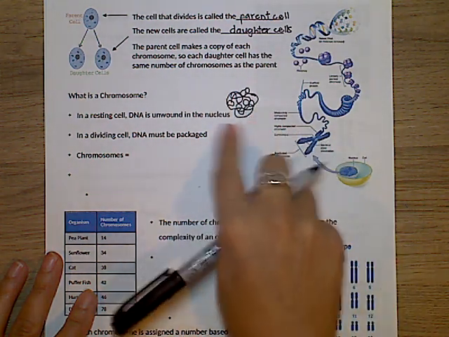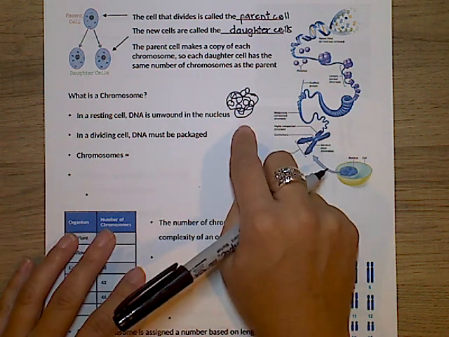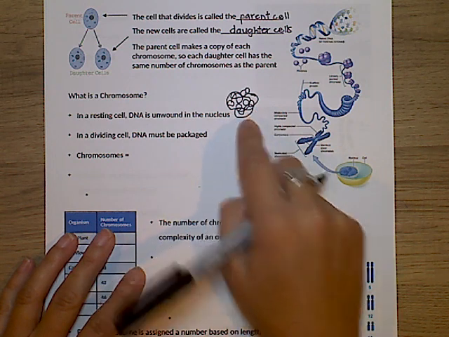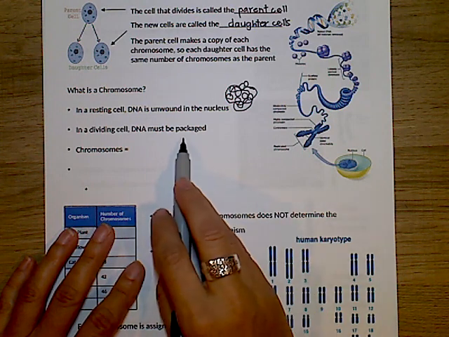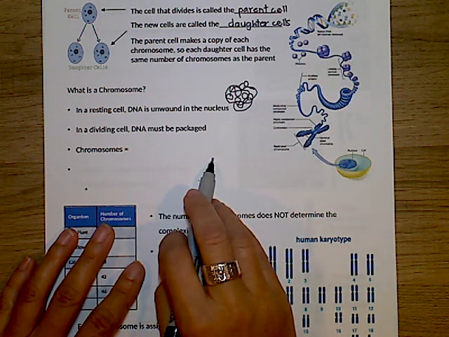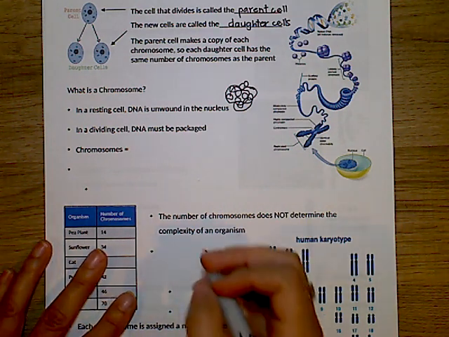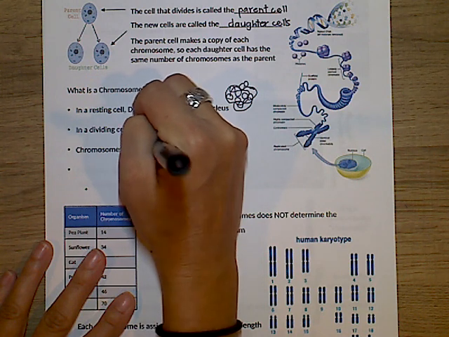And so it needs to be unwound, so that as the cell is doing its everyday business, it can find those genes and make the proteins that are needed. But in a dividing cell, the DNA needs to be packaged so we can evenly divide it between the two new daughter cells. So a chromosome is packaged DNA.